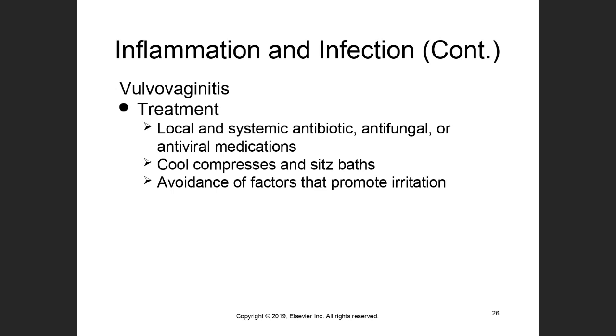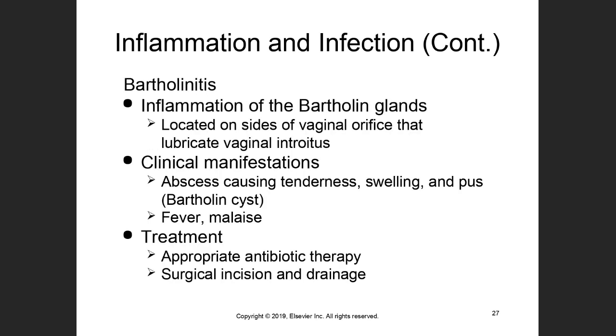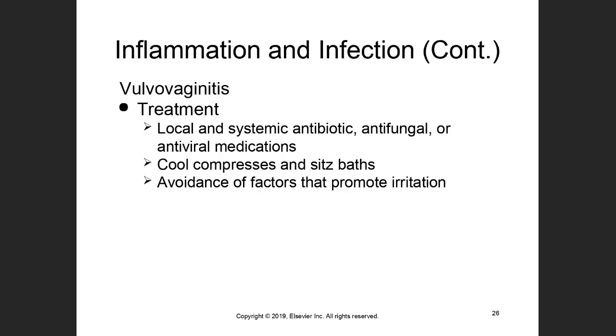Treatment: local or systemic antibiotic. It depends. Okay, there are just two types of medication that we use for vulvovaginitis, because there are three main pathogens that produce vulvovaginitis. Let me see if we have another one. No. Okay, there is Candida albicans, the other one is Trichomonas vaginalis, and the other one is Gardnerella vaginalis.